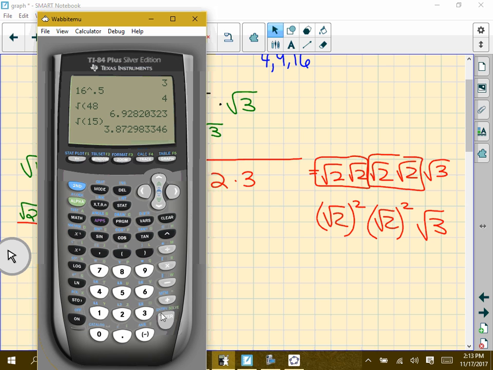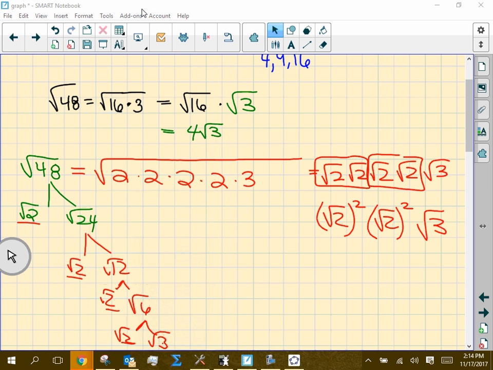What do I get if I square that number? Oh, 15. I get back 15, right? So it's like how multiplication undoes division, division undoes multiplication, addition undoes subtraction, subtraction undoes addition, right? Square roots and the power of 2 undo each other. They're called inverses. If you take the square root of 2, you're going to get like 1.414 something. If you square that, multiply by itself again, you get back to 2.